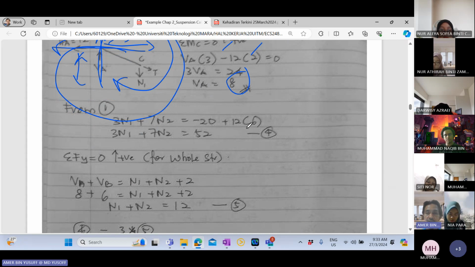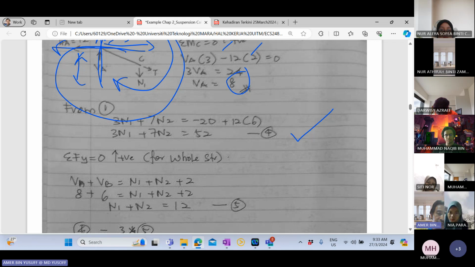From equation number 1, you substitute kita punya VB tadi. So dah dapat another equation, 3N1 plus 7N2. Maknanya equation number 4 ni dia adalah from equation number 1, yang mana kita dah substitute nilai VB. So dapatlah another new equation. Saya namakan dia sebagai equation number 4. Kan? Equation number 4.